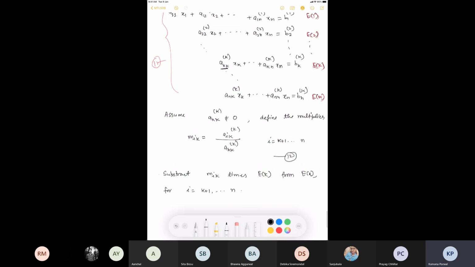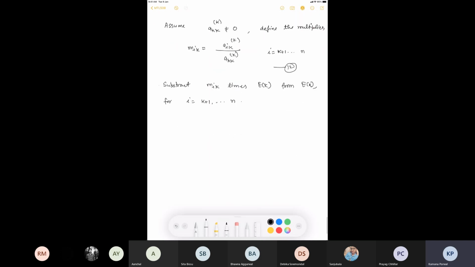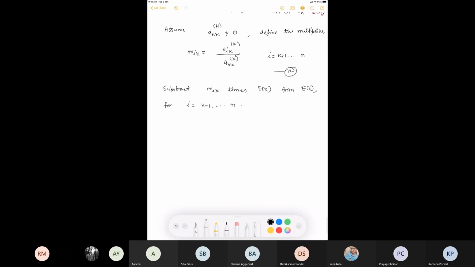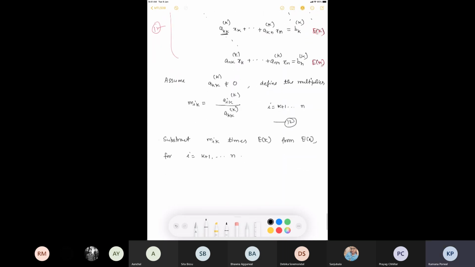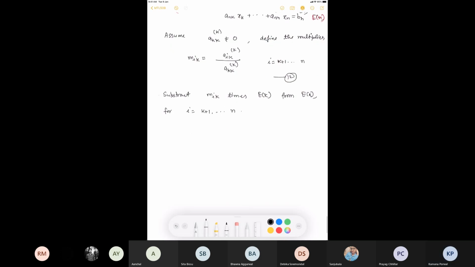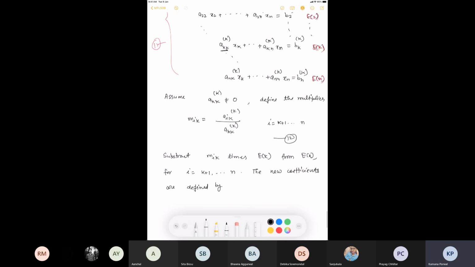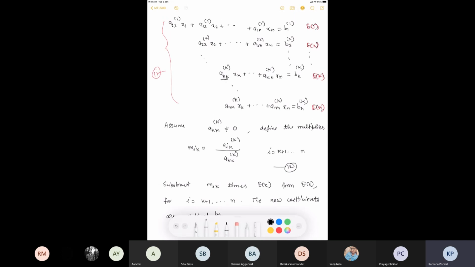Okay, so basically you will eliminate xk from the equation number k plus 1 up to the equation number n, right? So let's say the resulting system is this new system. Okay, let me directly write down the coefficients because every time I'm not going to write the system. So the new coefficients are going to be, so what coefficients we will get up to the Ek, nothing is going to change. From Ek plus 1 to En, the coefficients are going to change.